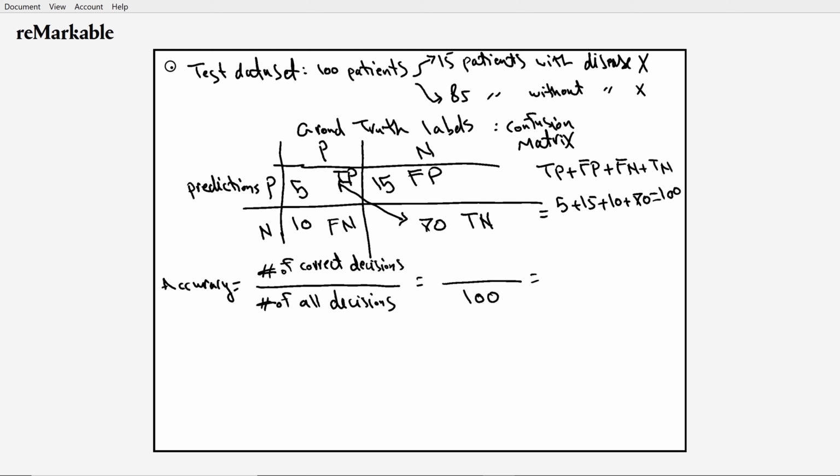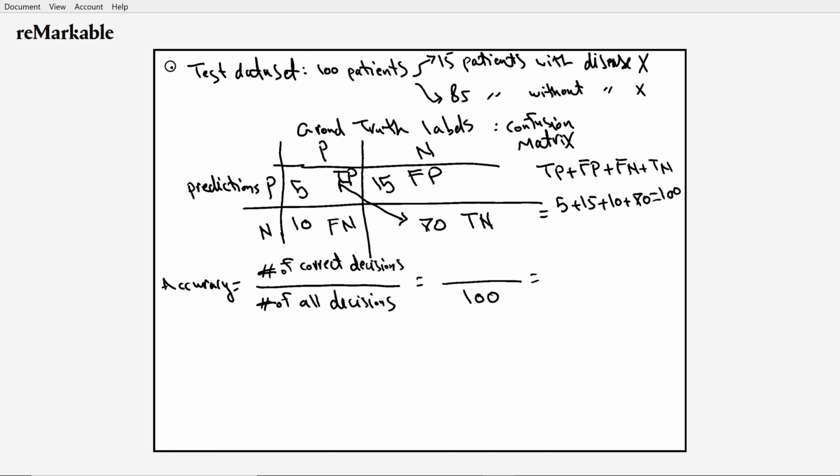If your prediction and the correct label match, then depending on whether you made a positive or negative prediction, you put it in the true positive or true negative box.